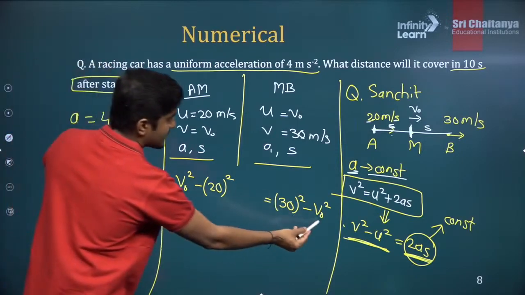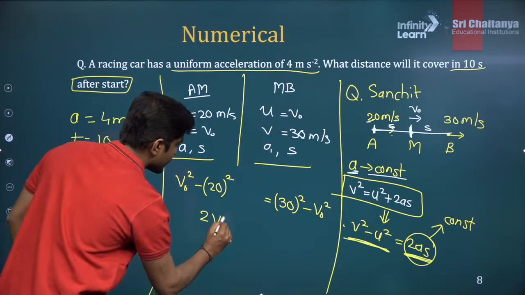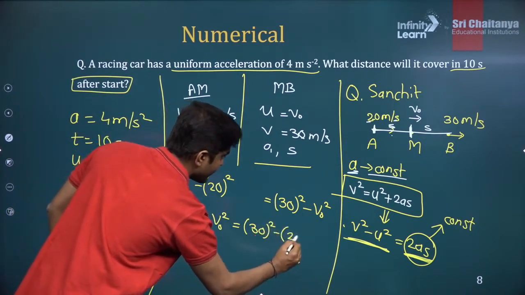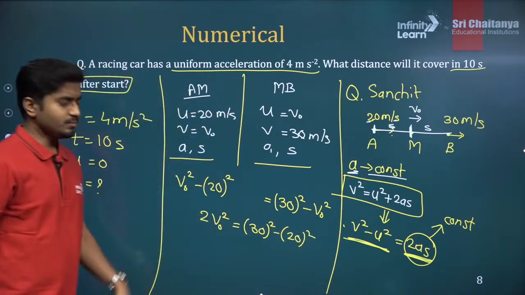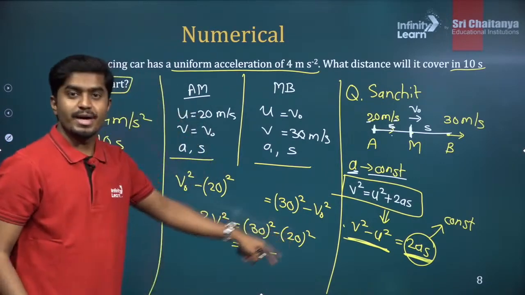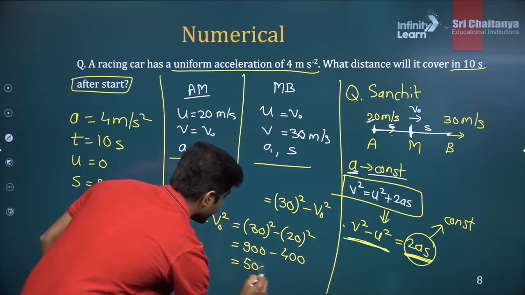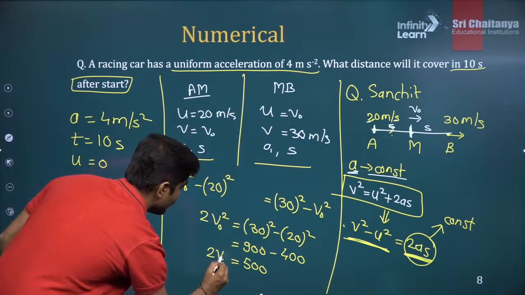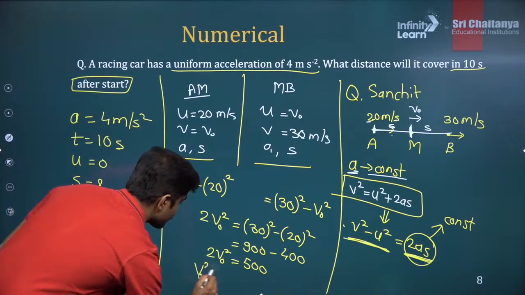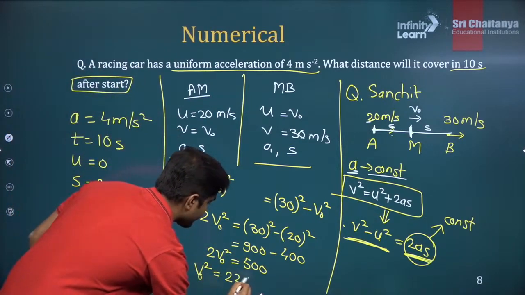Take this v0 square to the left side, so 2 times v0 square is 30 square minus 20 square. 30 square is 900, 20 square is 400, which gives 500. But this is 2 times v0 square. So what is v0 square? v0 square is 500 divided by 2, which is 225.